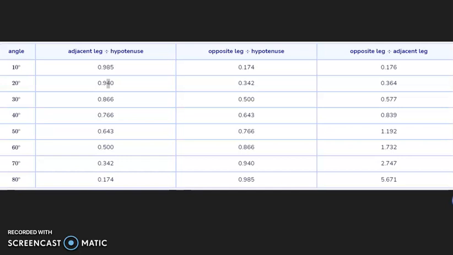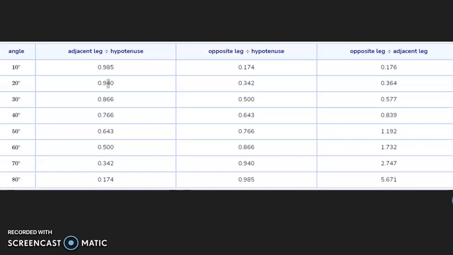Hopefully you noticed that under the 20 degrees, the adjacent divided by hypotenuse, which is 0.940, showed up under 70 degrees in the opposite leg divided by hypotenuse. As well, the 0.342 in the 20-degree row, the second column, ends up being the first column answer in the 70-degree row.